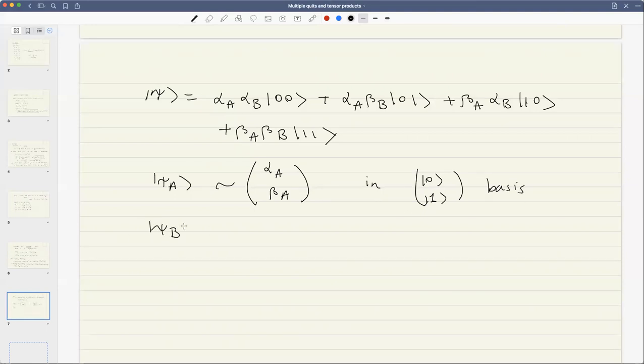Psi B has the representation alpha B, beta B, again in the same basis, but of course this is 0A, 1A, and this is 0B, 1B.